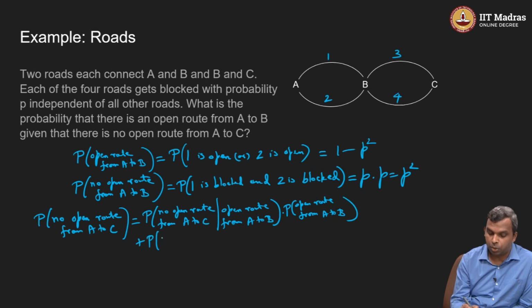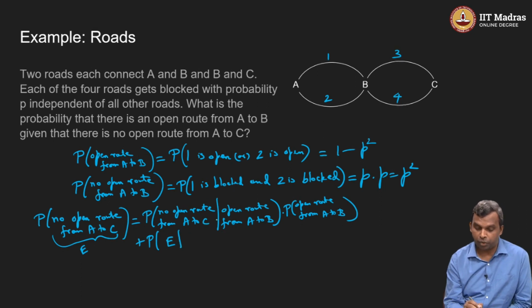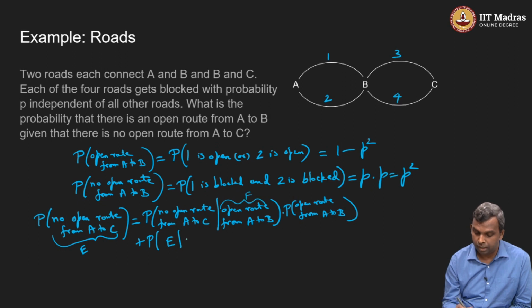So no open route from A to C, let me call this event E, just to simplify my writing here. Probability of E given the open route from A to B, I will call this event F. E given F complement times probability of F complement.